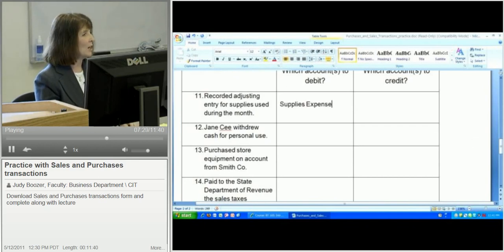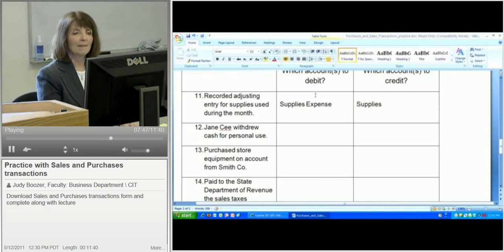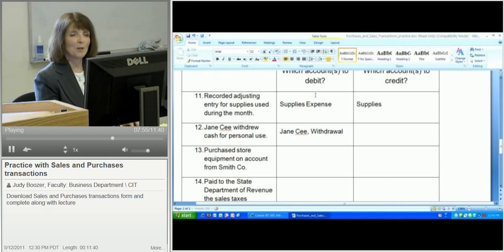And the credit goes to reducing the asset supplies to update it to the current inventory. Good. Number 12, Jane C. withdrew cash for personal use. Yeah. Not capital. Good. Jane C. withdrawal and cash, reducing cash for the amount that she took out.